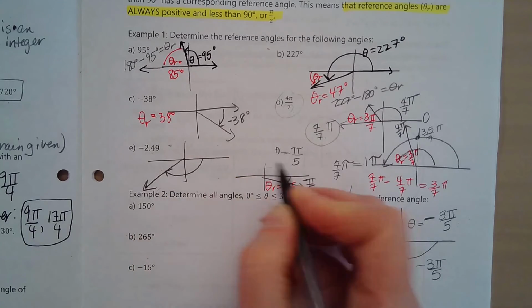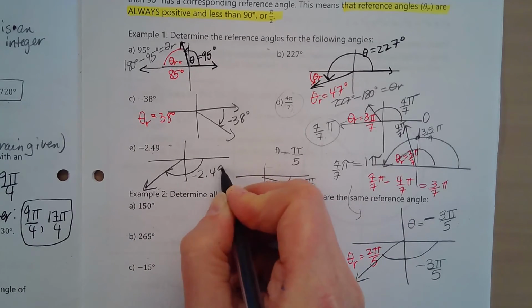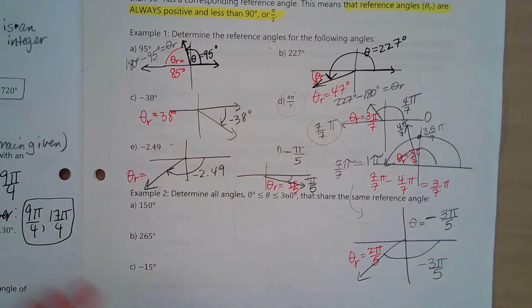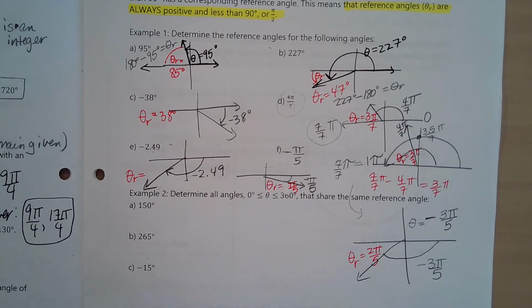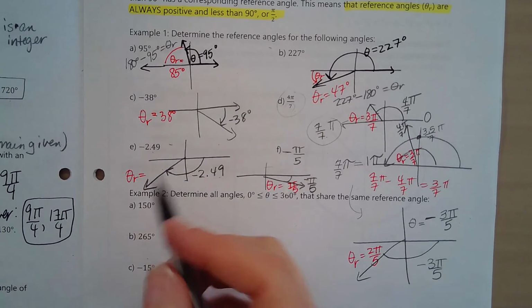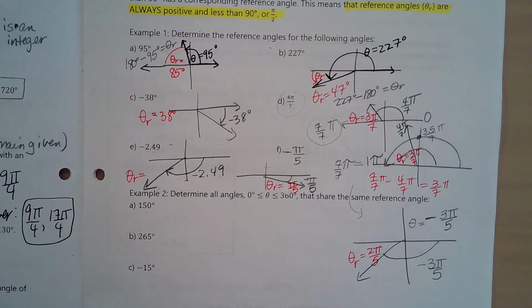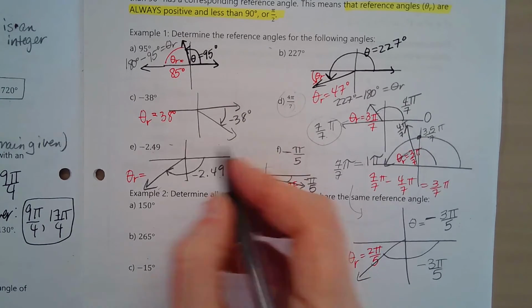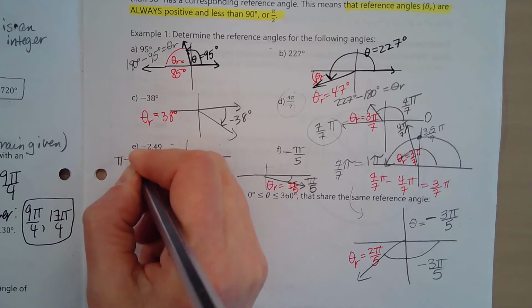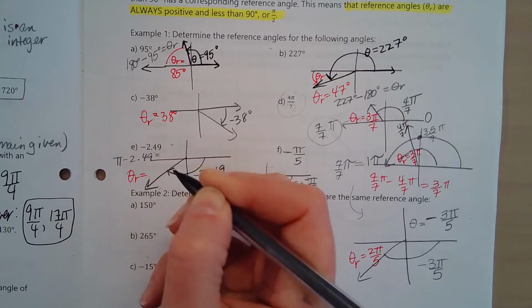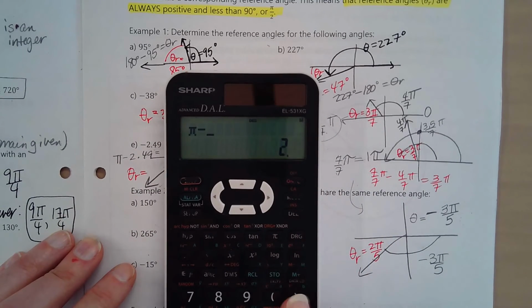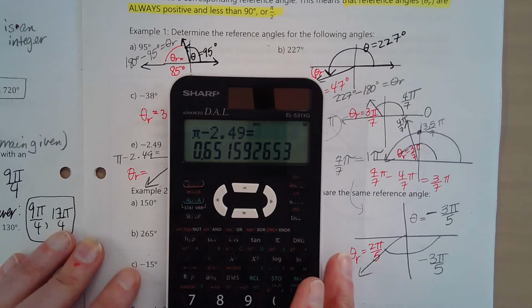So here's my negative 2.49. What's the reference angle? Okay, I'm talking radians now. So how would I find the reference angle? Pi minus 2.49, right? So pi minus 2.49, 0.65.